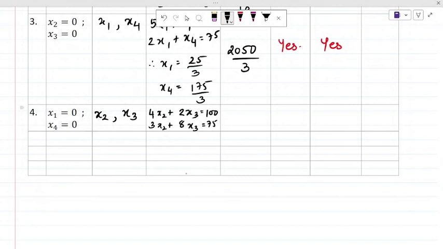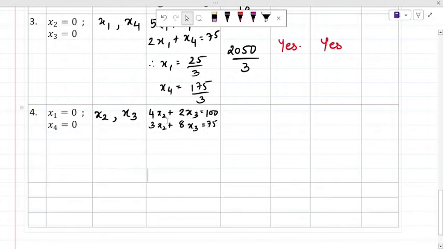Now this we will need to solve in the calculator to get the simultaneous equation answer. So let us calculate them in the simultaneous equation. So here we have 4, 2, here it is 3, 8. Yeah. Now we get x2 value to be 25.